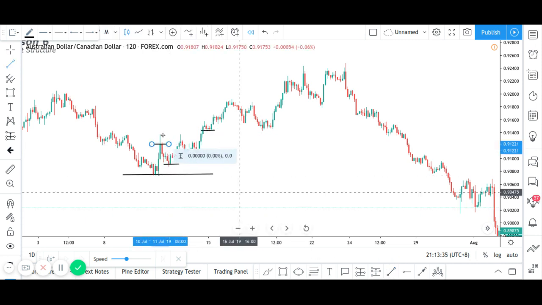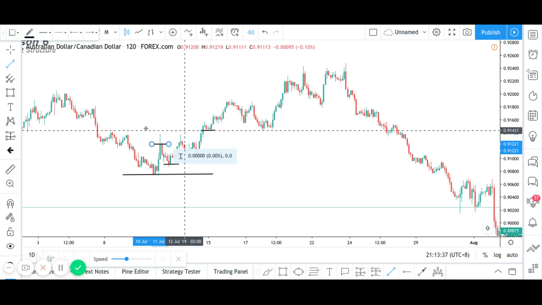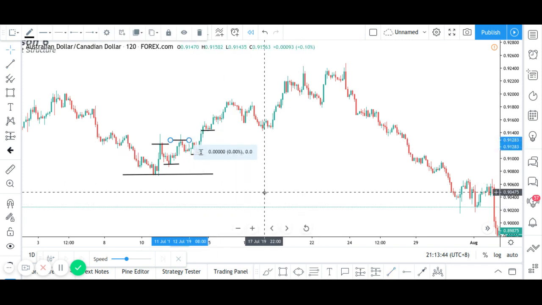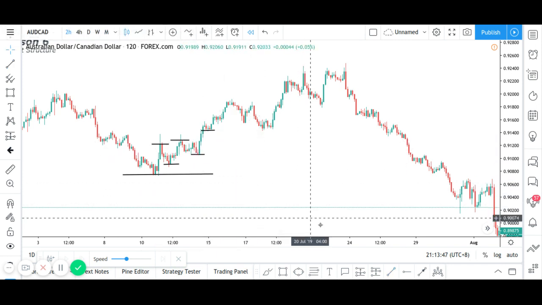Now you can see that this one is very, very close to being an equal high, but it actually closed above that price. So that means that it's definitely a higher high.